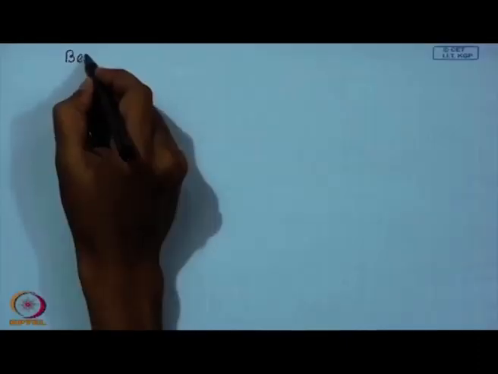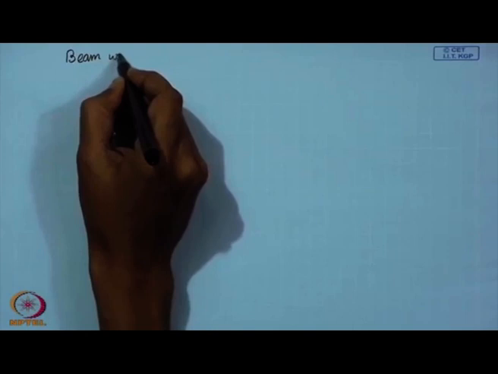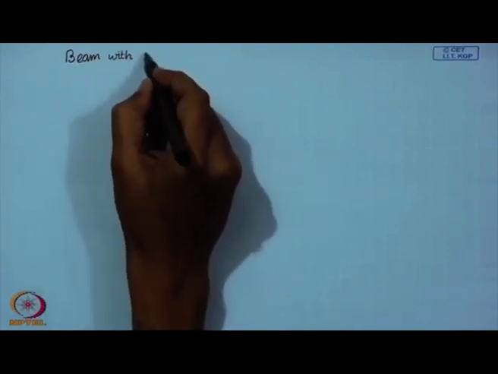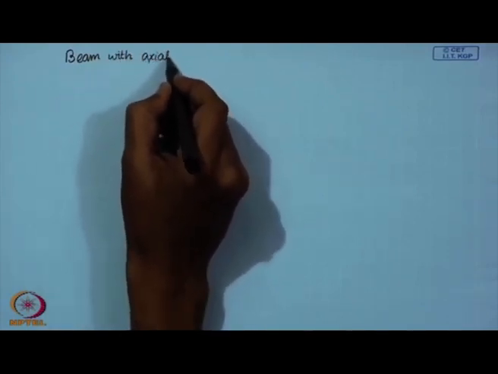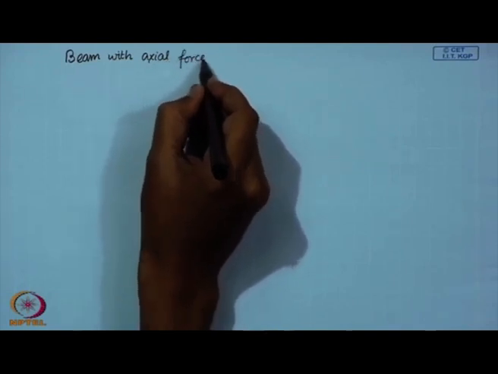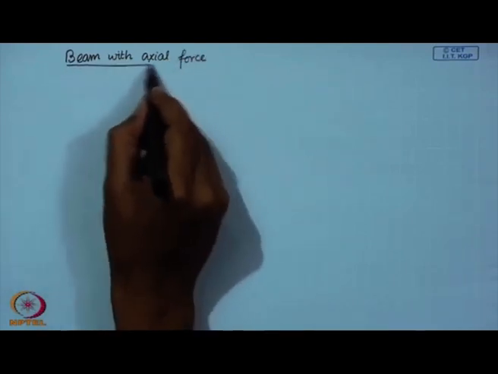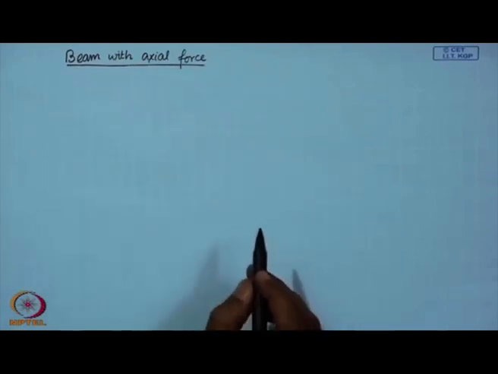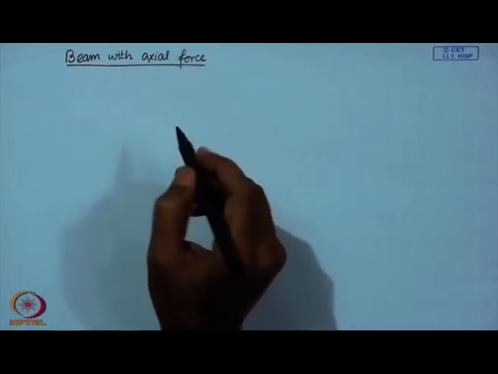In the case of columns, even if the column deflects, for small deflections the force is still going to be vertical. So, there is a difference in these two axial forces, which we are going to now discuss. When we say beam with axial force, we are going to consider a column-like loading.